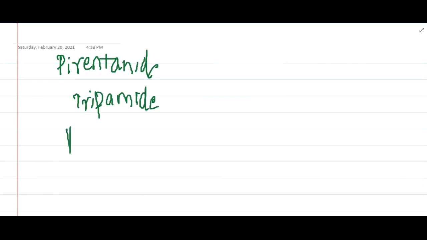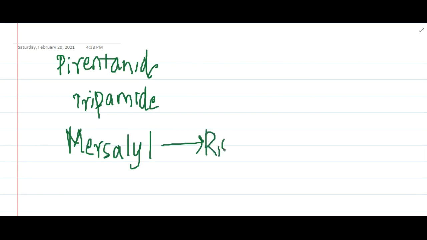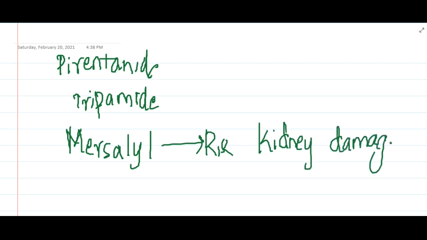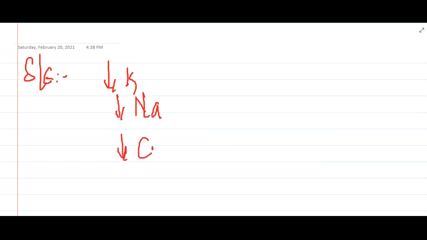Then we also have one more drug, muzolimine, which causes kidney damage, and as a result, because of this kidney damage, it has been withdrawn and is not used now. Right.